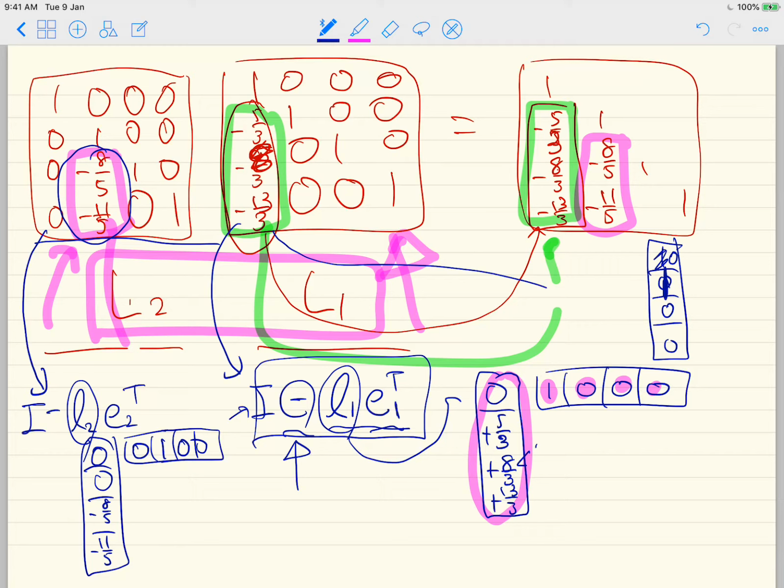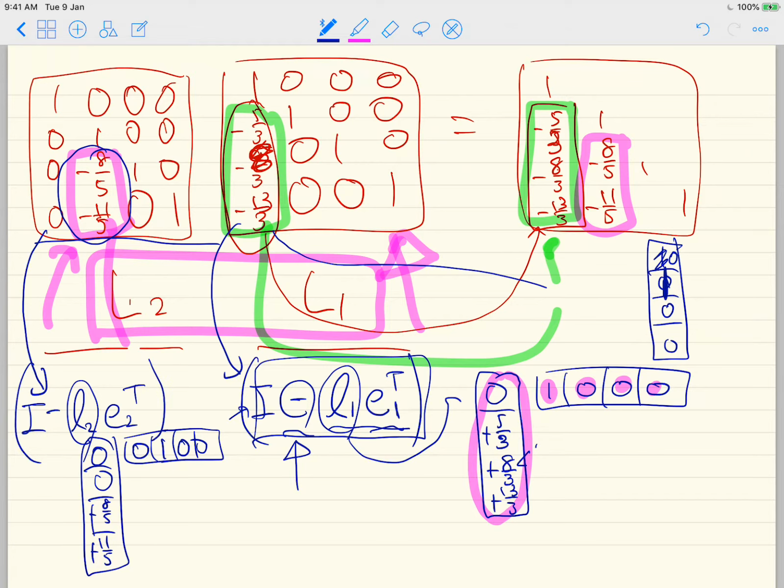We need a plus sign over here. So this is our L2.